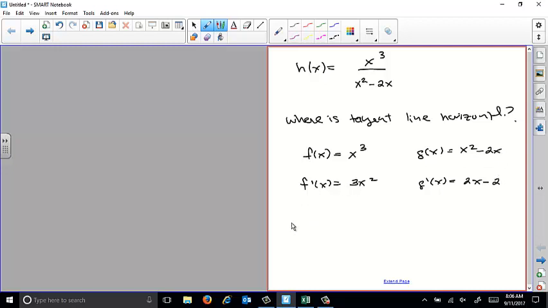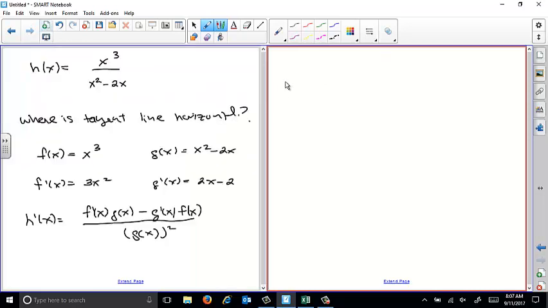Okay. So then we use the quotient rule, which says that h prime of x is equal to f prime of x times g of x minus g prime of x times f of x, all divided by g of x quantity squared. So we'll just put those in the formula.